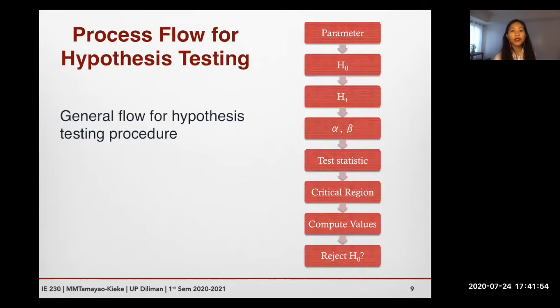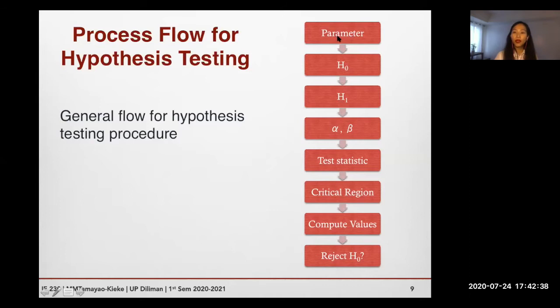Now, before we proceed further, let me introduce to you a recommended flow of the different steps that one would usually undertake when conducting a hypothesis test, okay, as shown in the figure to the right. So I already tried to streamline the figure, but the words in the figure correspond to the different steps, where the first step is to identify the parameter of interest.